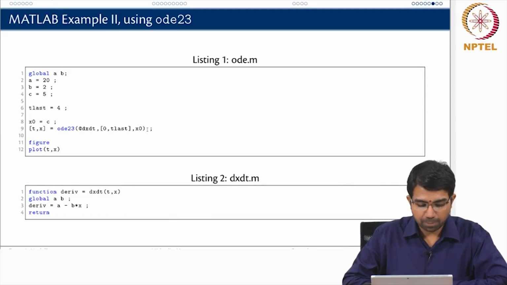that is it. I still have to give a t last, which is 4 here, and I still have to give a function. What is this? This is your density function f of x.